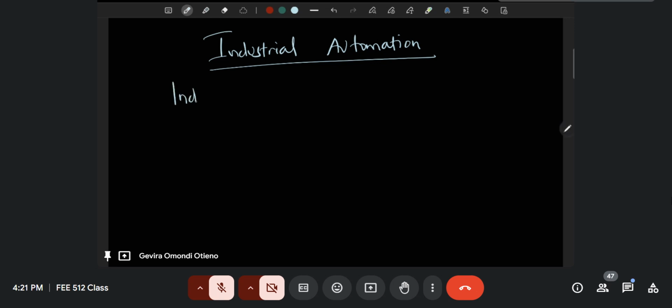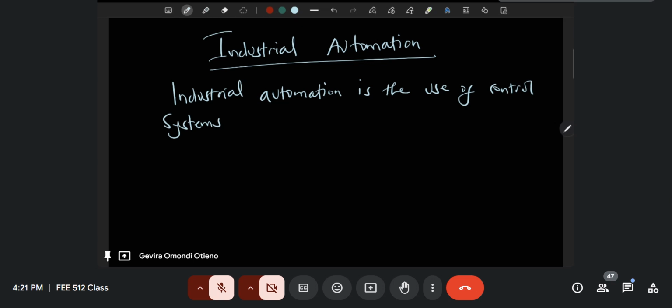So in a nutshell, industrial automation is basically the use of control systems. So you see, we cannot escape from control systems. It's the use of control systems, and these control systems could be computers, robots, and basically PLCs, because that covers a lot of other controllers.